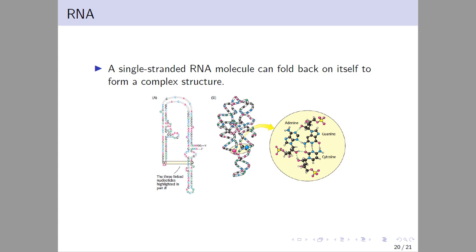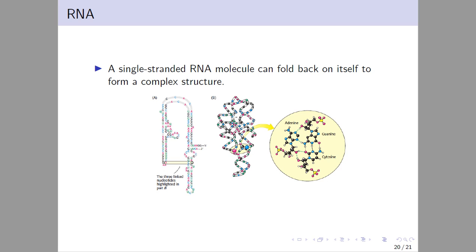RNA, the last one, I believe this one. Okay, so a single-stranded RNA molecule can fold back on itself to form a complex structure. Here you can see that these are RNA molecules, so you can form this one strand, making so many types of configuration.